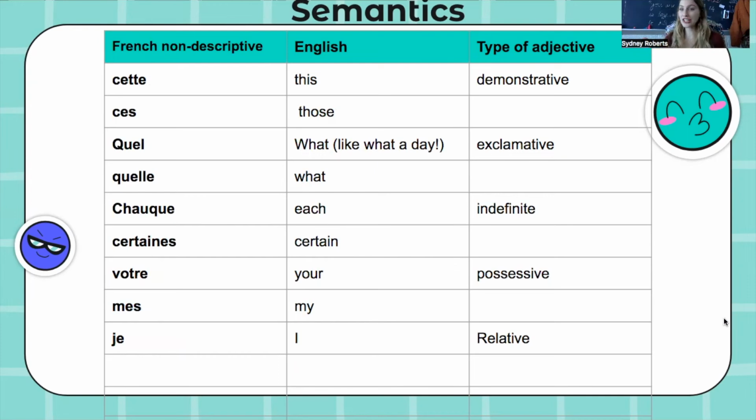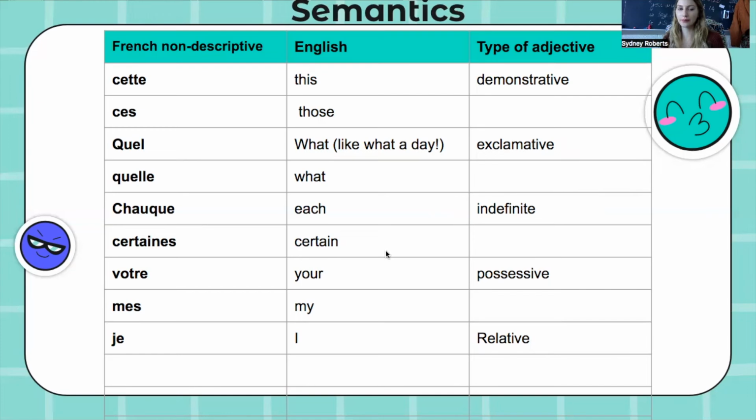And then we have some adjective examples. So some demonstrative adjectives. Cette would be this. Ces would be those. Quel is what, like what a day. So it's like an exclamative. And then we've got quelle, which would be what in a less excitable way. Chaque would be each. This is an indefinite adjective.